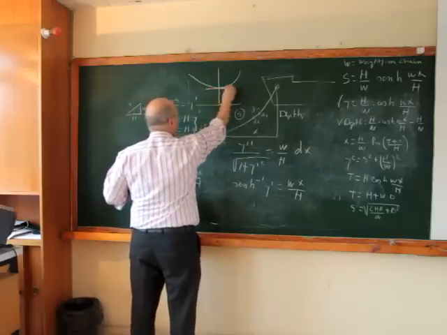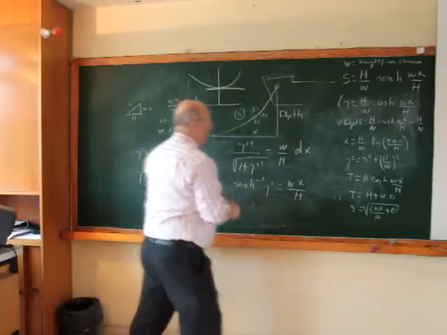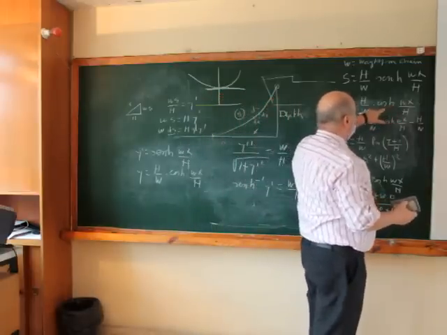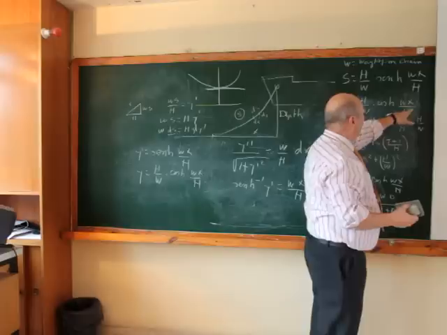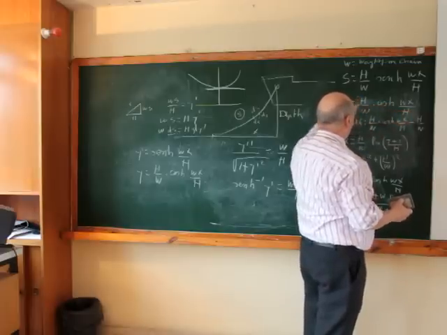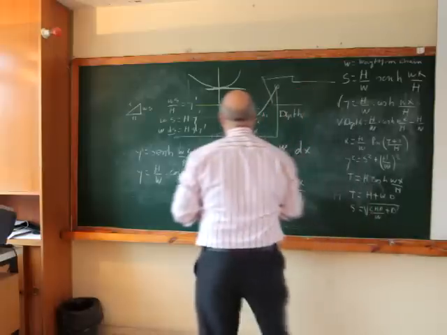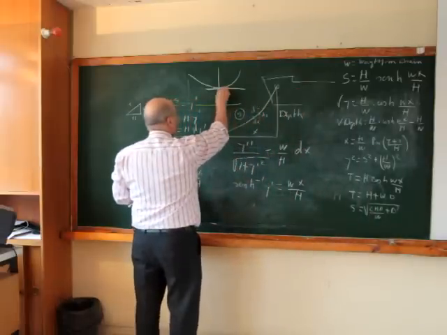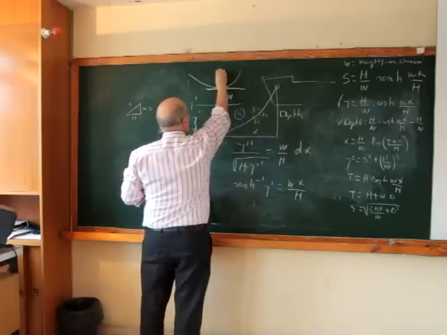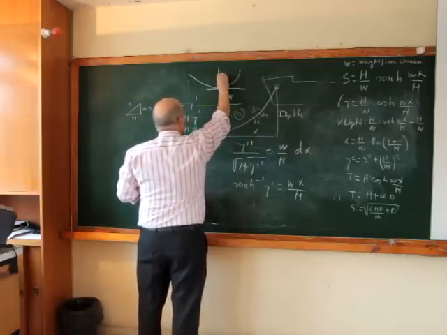If I go to this formula over there, I will see that if x is 0, the cosh will be 1, so the value of y will be h divided by w. That means in this case h divided by w, while this will be the depth.